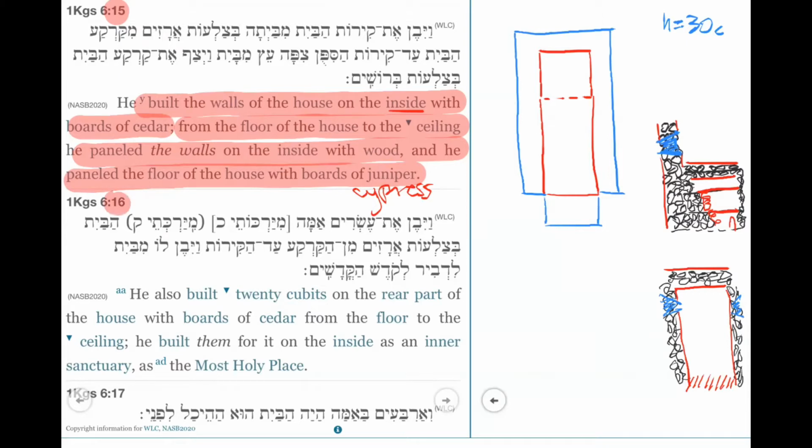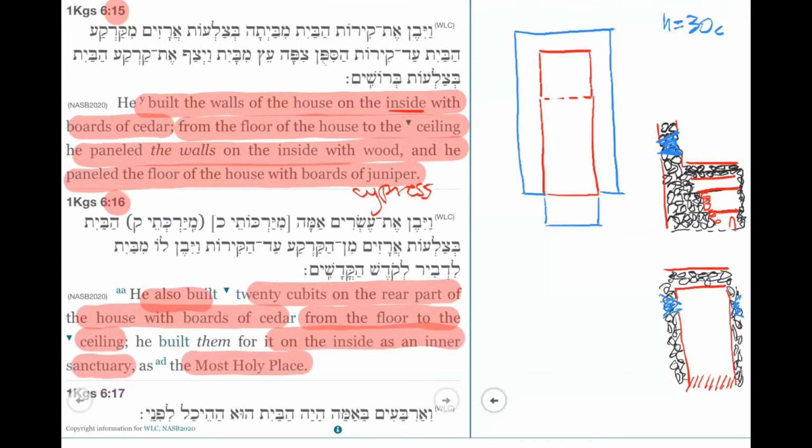Verse 16. And then he also built 20 cubits on the rear part of the house with boards of cedar. From the floor to the ceiling, he built them on the inside as an inner sanctuary called the most holy place.